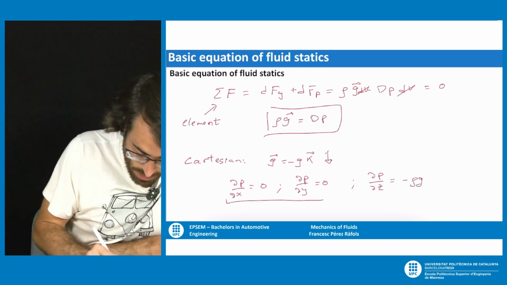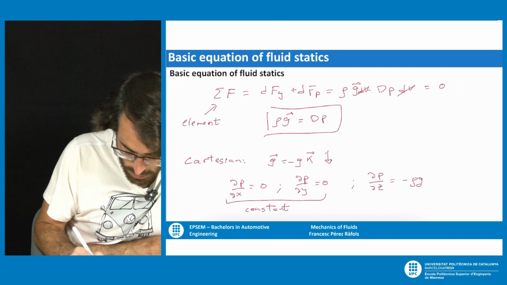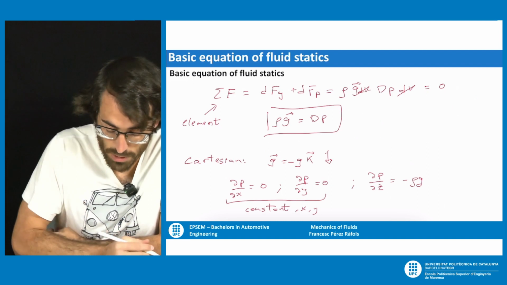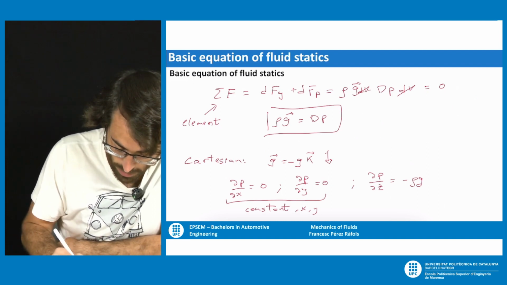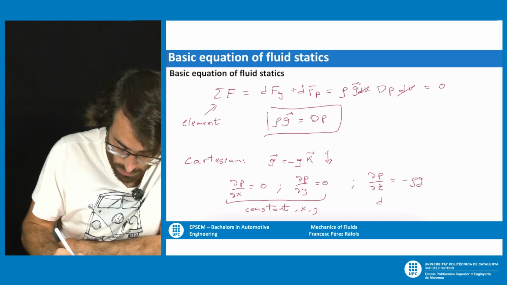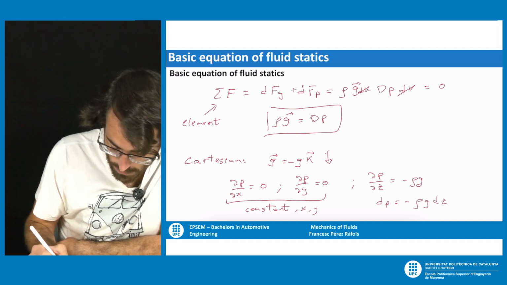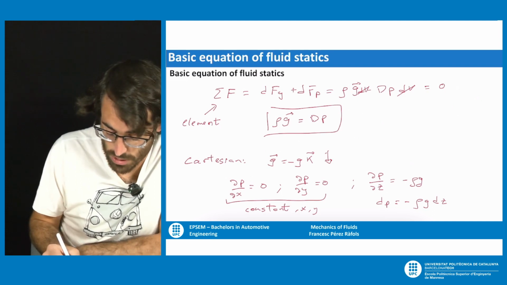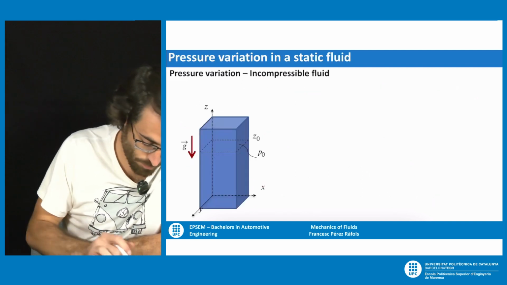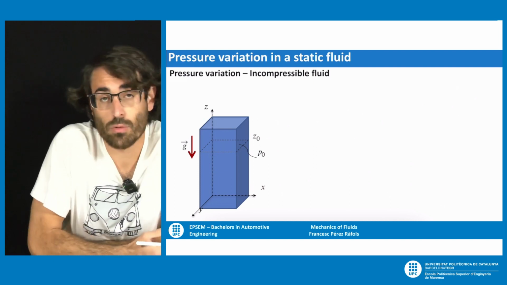So basically, this is telling us that pressure is constant in the horizontal direction, so in x and y direction, or more generally, constant perpendicular to gravity. And this one we can write now, if it only depends on z, with the partial derivatives written as normal derivatives. So we can write dP equals minus rho g dz. This is basically telling us that the pressure increases as z decreases, so as the depth increases.